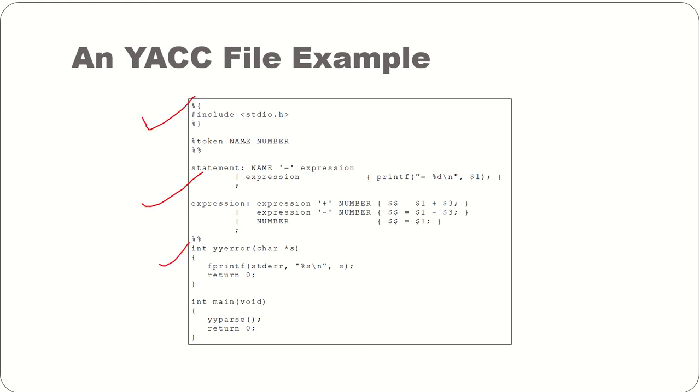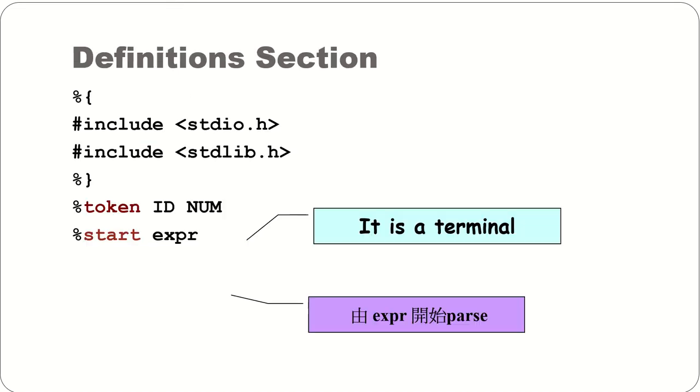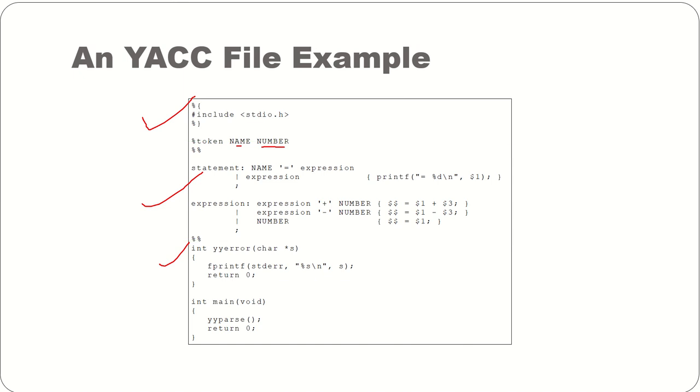As you can note here, we are using tokens, name and number. These are terminal symbols in this grammar. These terminal symbols will be recognized by Lex tool. You can specify like this, token name and number.